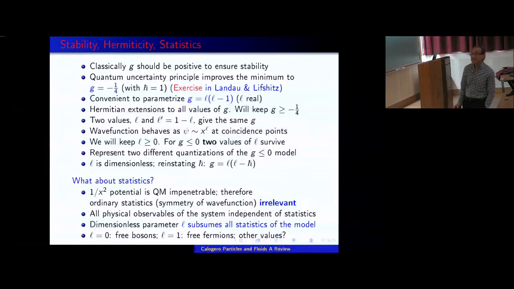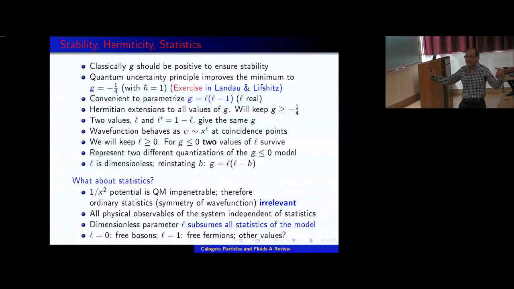Now, what about statistics? You may have heard the statement that Calogero particles somehow correspond to particles of fractional statistics. What about the real statistics of the particles? Does it matter if you quantize the system as a system of fermions or bosons? Actually, it doesn't, because the 1 over x squared potential is quantum mechanically impenetrable.